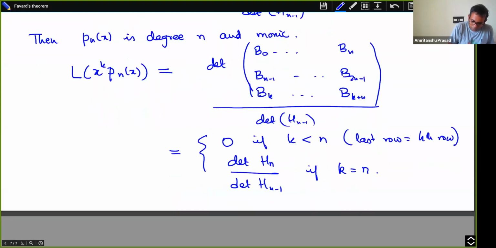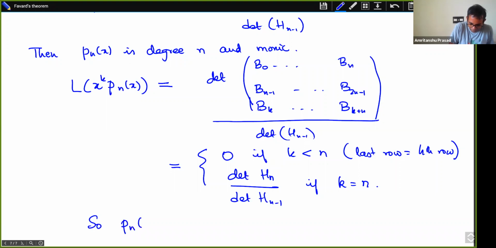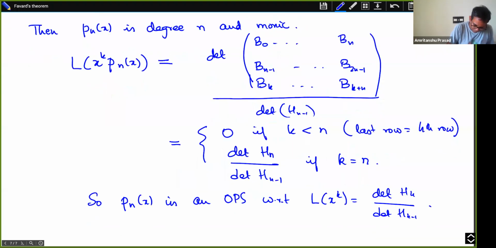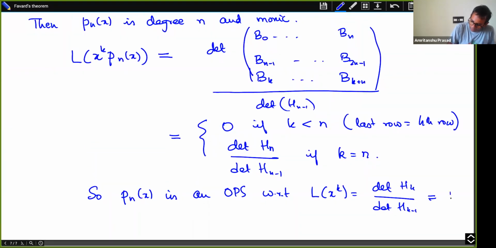So it's an OPS with respect to L. So Pn(x) is an OPS with respect to L, determinant hn. So in particular, what you get is very interesting, that this has to be equal to vk.